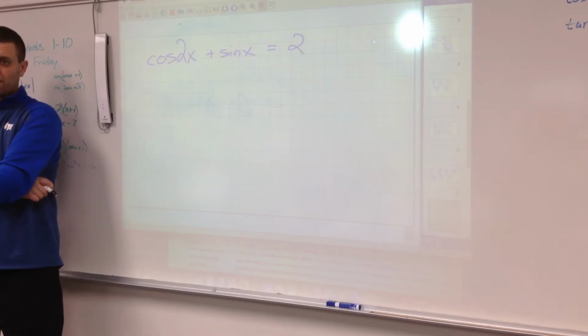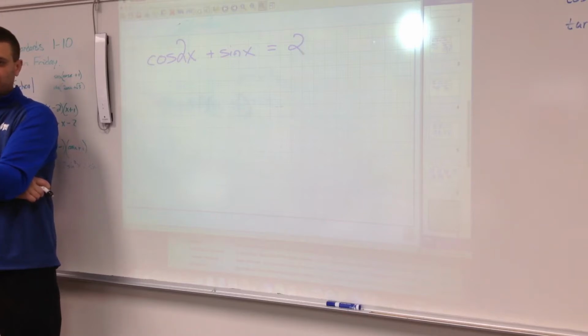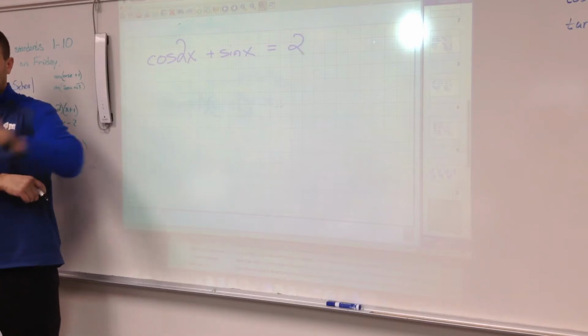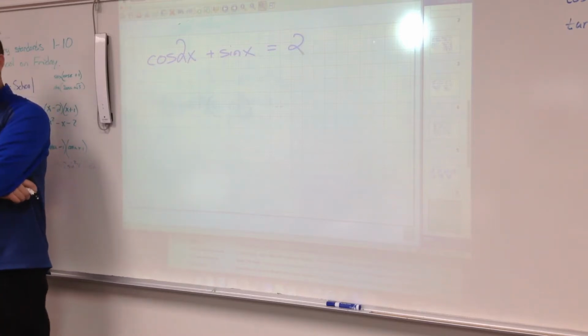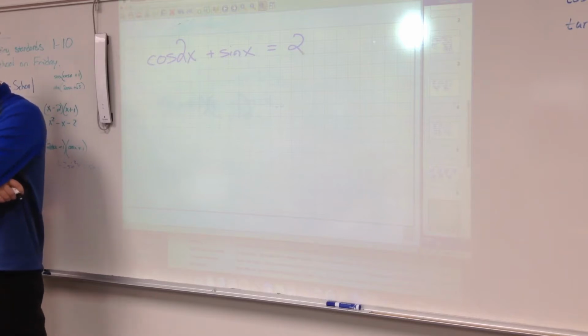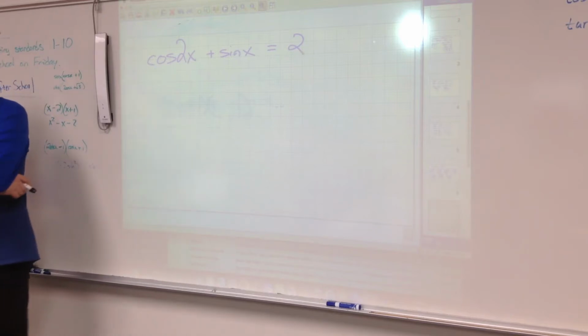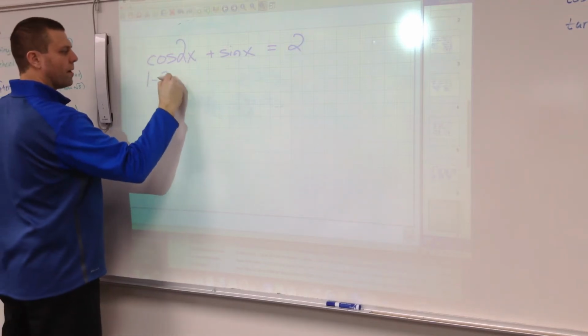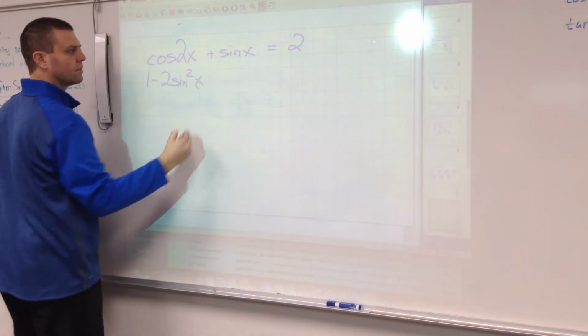And another one was 1 minus 2 sine squared. I'm going to choose that last one, 1 minus 2 sine squared, because then I'm going to have everything in terms of sines. That way I get my equation where it only has sines in it. Those of you that have not studied the double angles yet right now are probably completely lost. Okay? Cosine of 2x I'm going to replace with 1 minus 2 sine squared x.